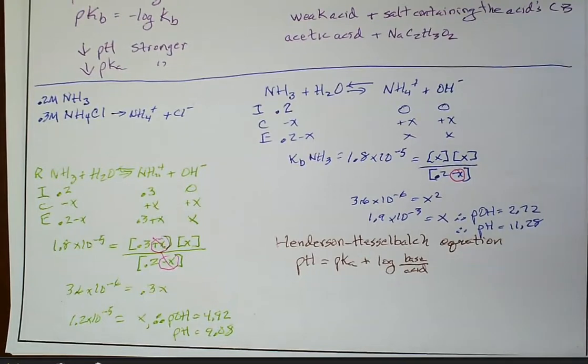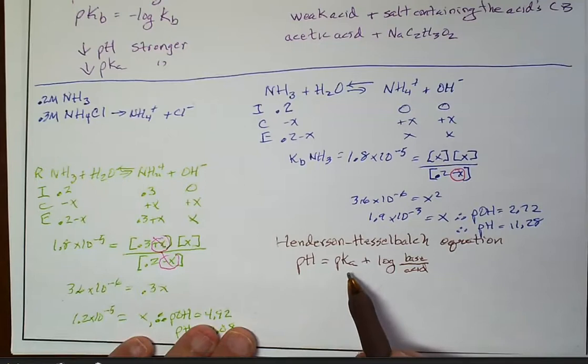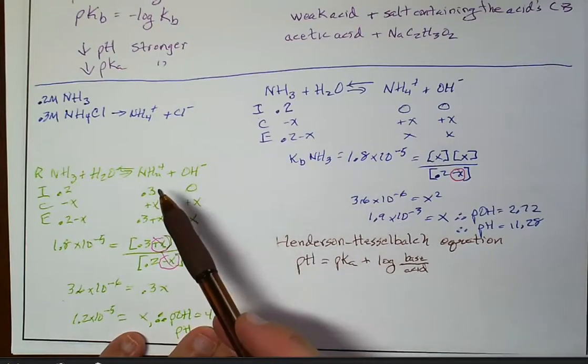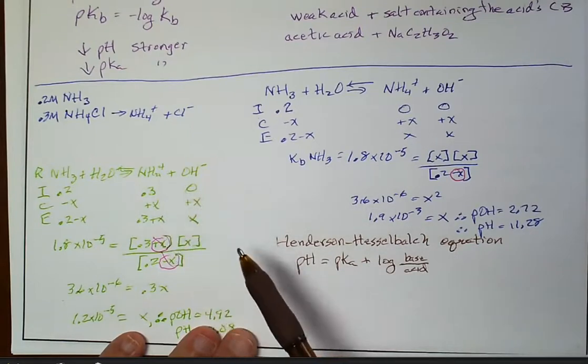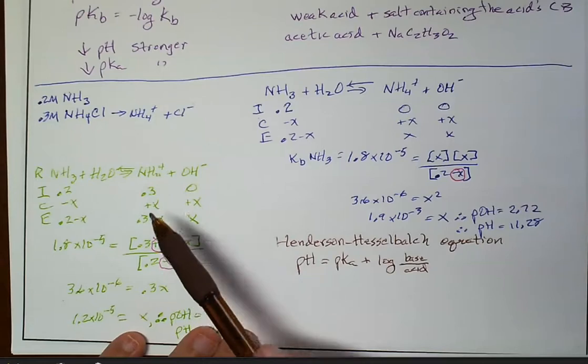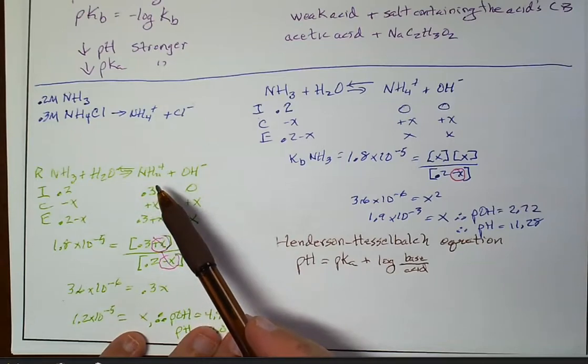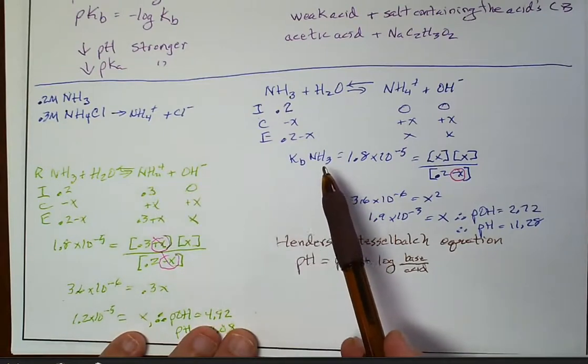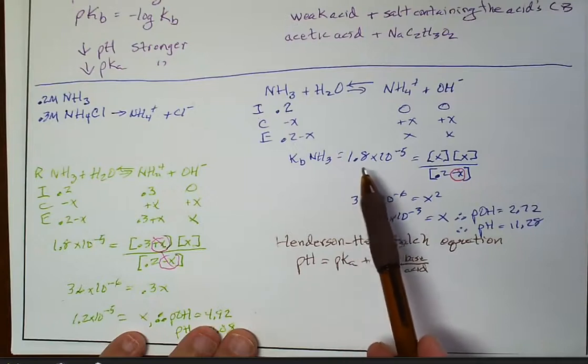Okay, so pKa. For this, the acid is ammonium, and you cannot look up Ka for ammonium. You can, however, get the Kb of its conjugate base, which is ammonia, and conveniently we already had that.